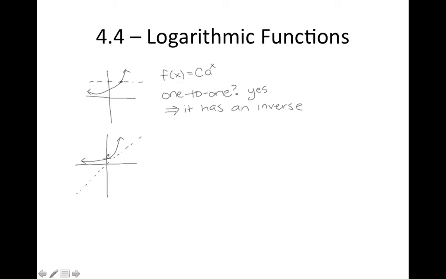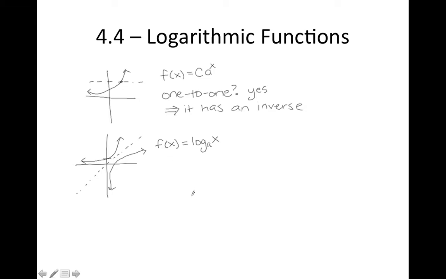So when I reflect the graph of y equals c times a to the x over the line y equals x, I get the graph that looks like this. And this is the function log base a of x. So this is the inverse for the exponential function.